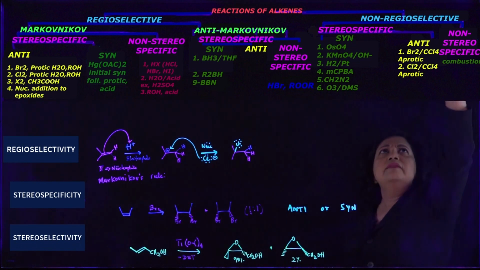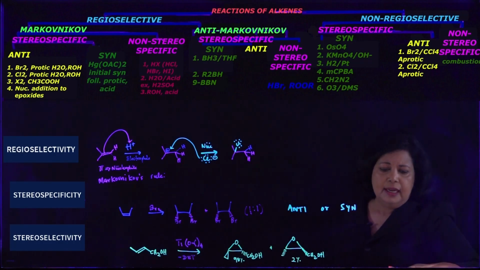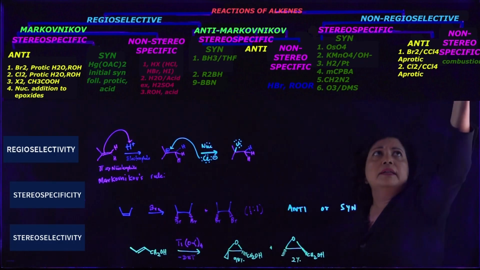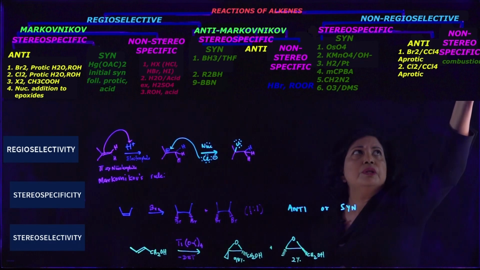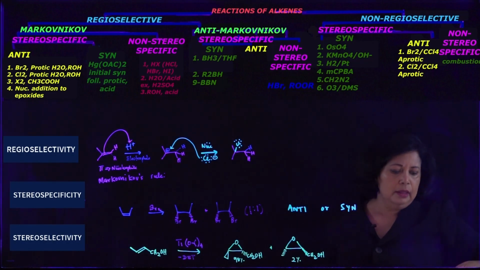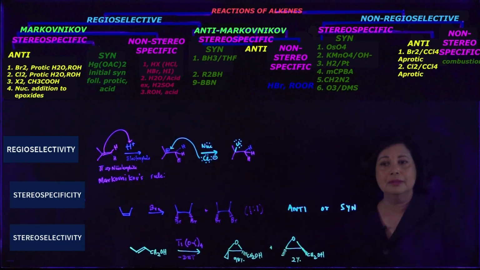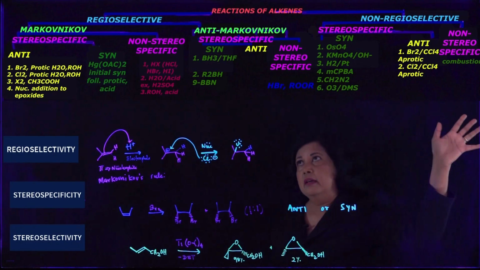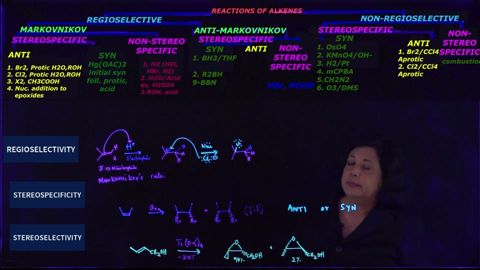Now, you could also have non-regioselective, non-stereospecific reactions, and we are just going to talk about combustion. And you probably have done combustion in general chemistry, which is just breaking up the molecule with oxygen and releasing carbon dioxide and water. So these are a slew of reactions that we're going to talk about in chapter 8.